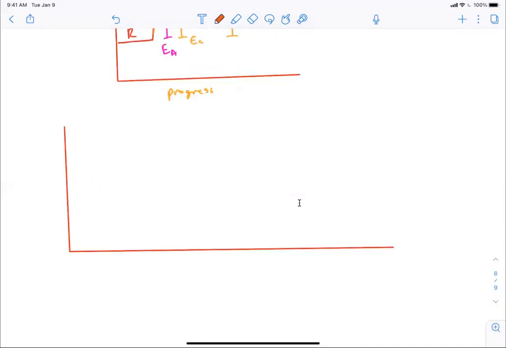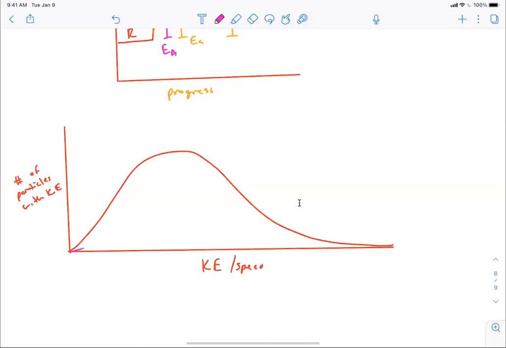Your Maxwell-Boltzmann curve. Okay. Higher temperature, flatter curve.